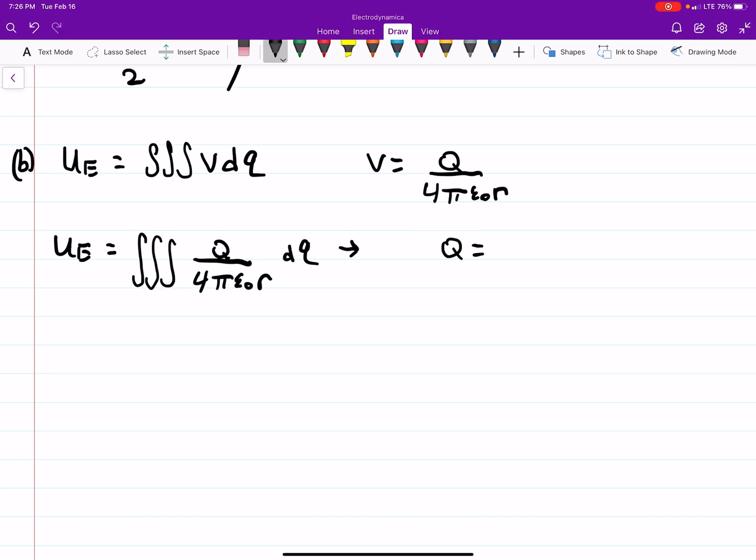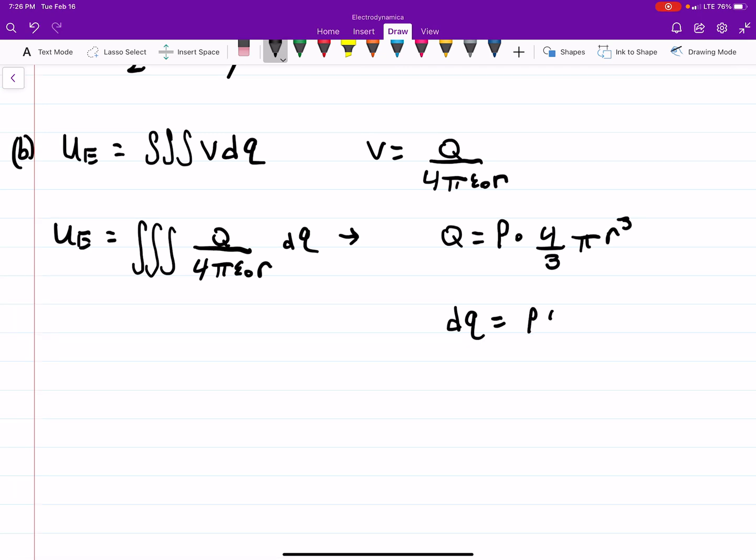So Q is going to be our density, rho, times the volume, 4/3 pi r cubed. And if we wanted to find little dq, same idea. Take the derivative, and you get rho times 4 pi r squared dr. So we have a q, we have a dq, and we can plug that in.